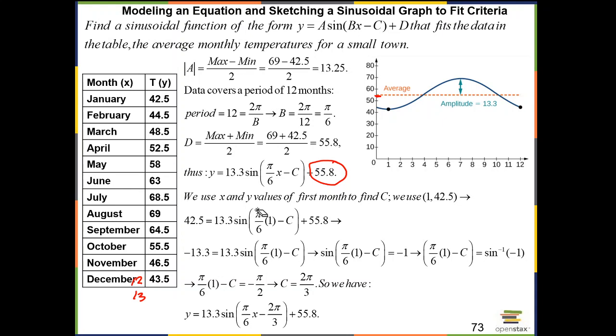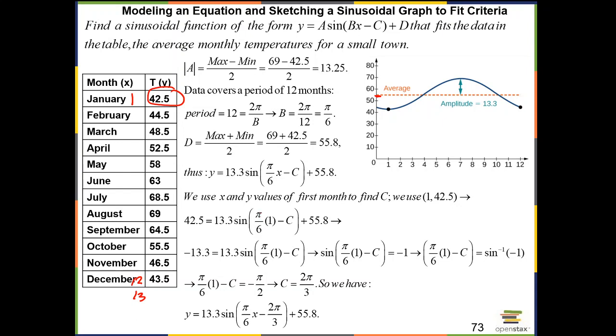Now, we use the X and Y values of the first month to find C. So we use 1 for X and 42.5 for Y. So from here we get 42.5 equals 13.3 sine of that plus 55.8. Now, we also know the period.